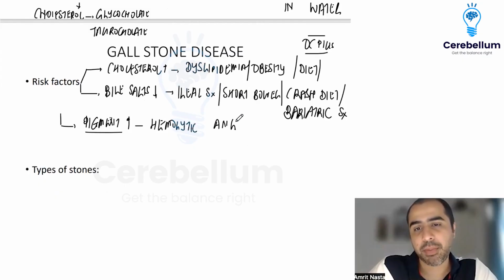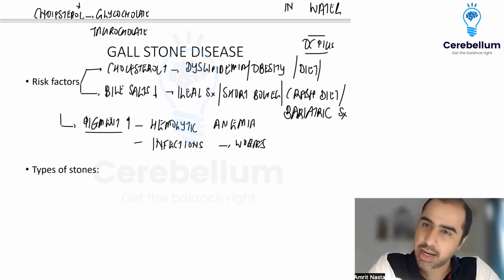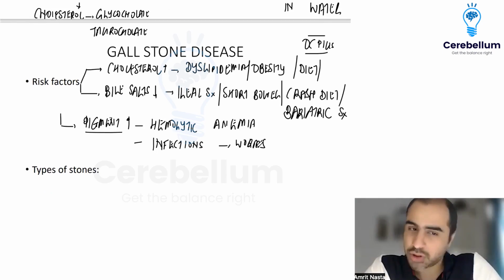So hemolytic anemia, more hemoglobin breakdown, erythropoiesis, or pigments can also increase because of certain infections in the bile duct, like worm infections. They can also cause breakdown of bile pigments in the bile duct. So these are the causes of pigment stones.